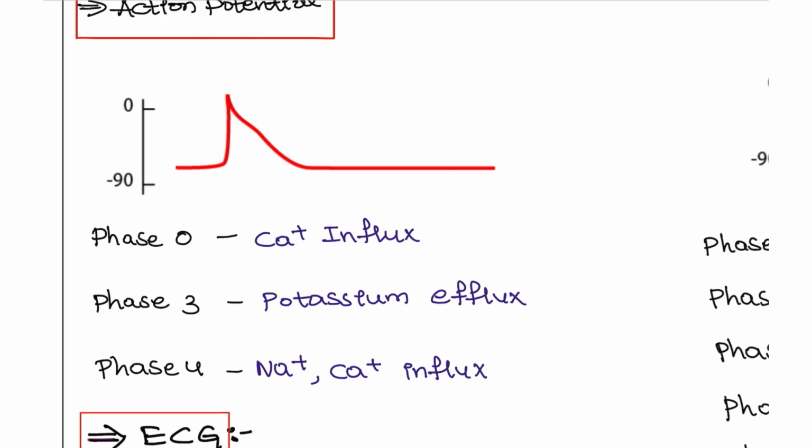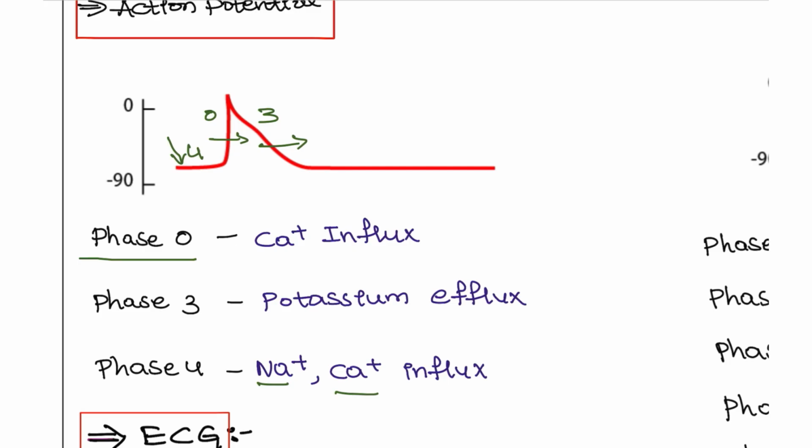I'm sorry, this is the fourth, this is the zero and third phase. So what happens at the zero phase: calcium influx, and at the third phase: potassium efflux. And again here also the sodium influx and the potassium influx that is seen in phase 4, right? Come again.